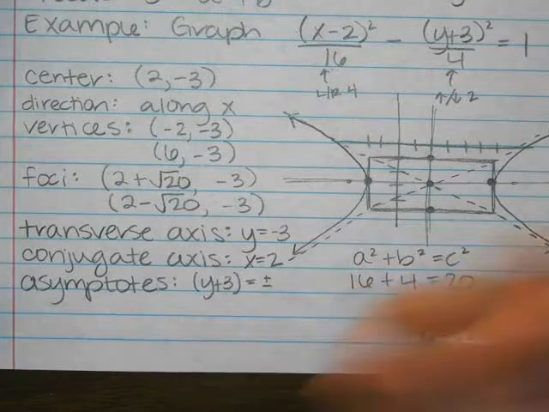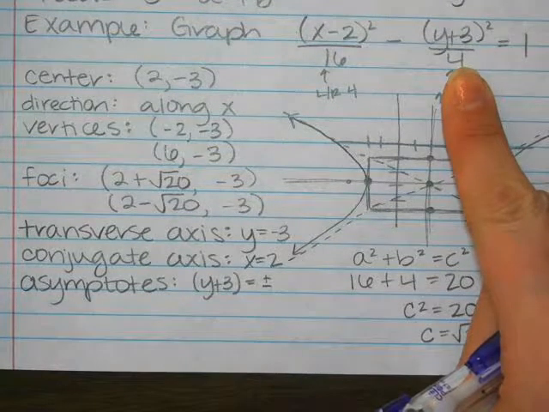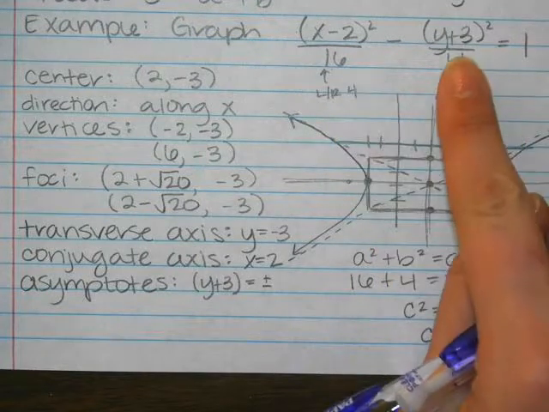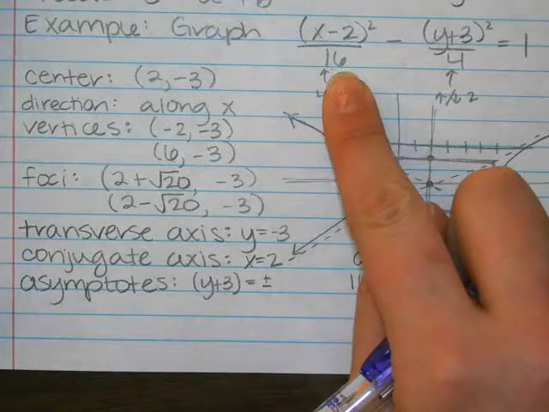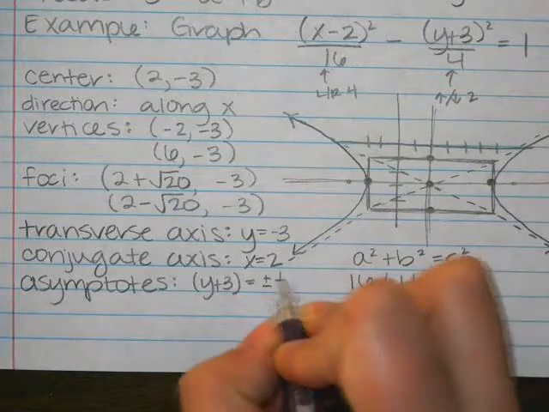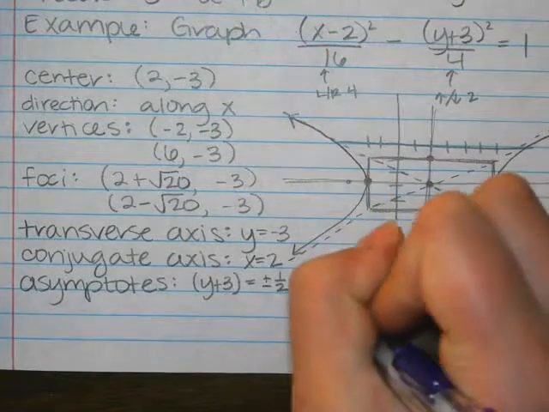So plus or minus, what's the b value? 2. What's the a value? 4. So it's 2 divided by 4. 2 divided by 4 is 1/2. And then it's the x parentheses, so x minus 2.